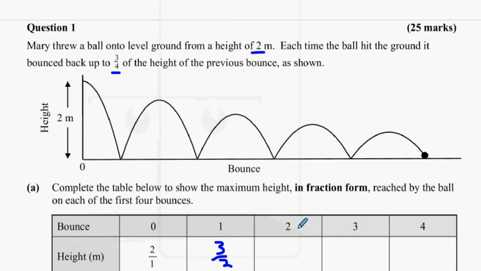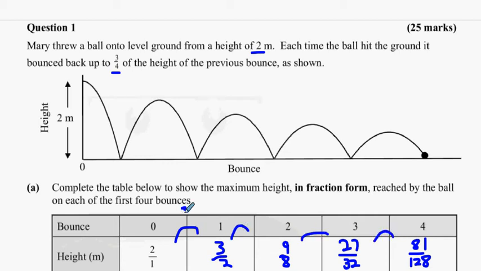So we keep multiplying by 3/4, and then we get 27/32, and our 81/128. Now we have an R value of 3/4. Okay, which is no bother.